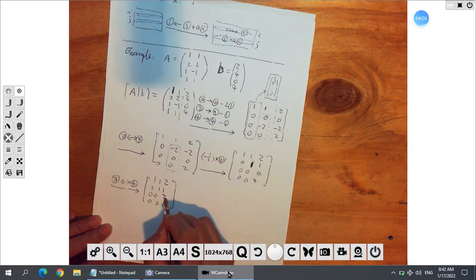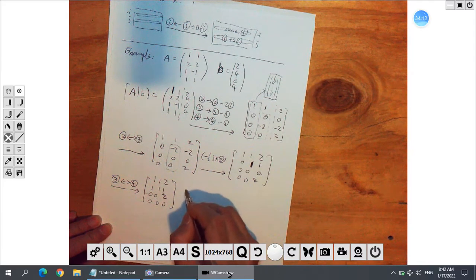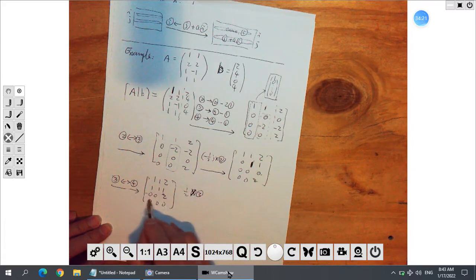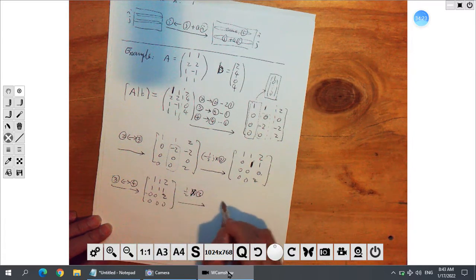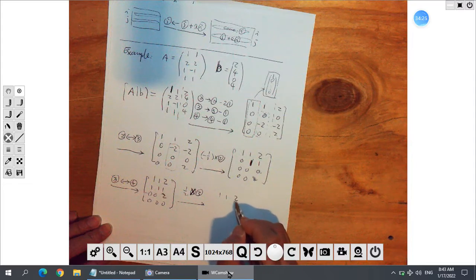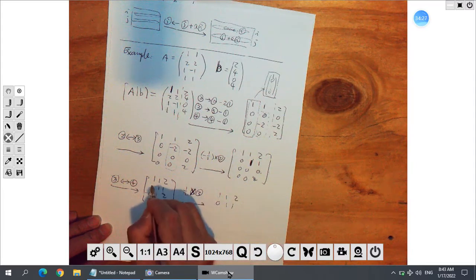Okay, then we do one more step. This is 2, right? So I need to divide this line by 2. So it's 1 over 2 times the third line. I have 1, 1, 2, I keep it. 0, 1, 1, I keep it. No, this is 0, sorry.